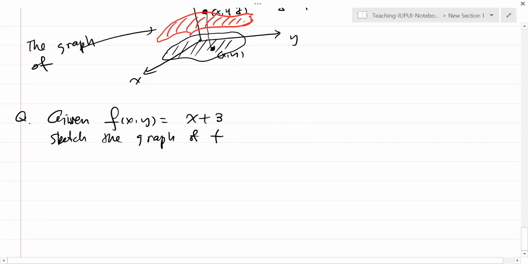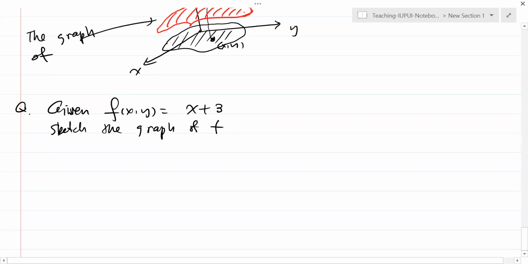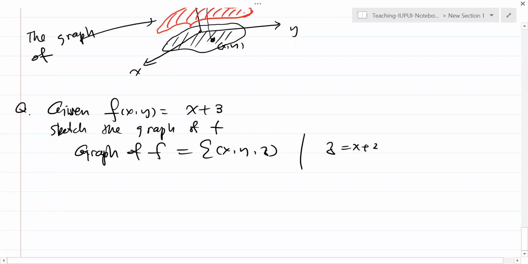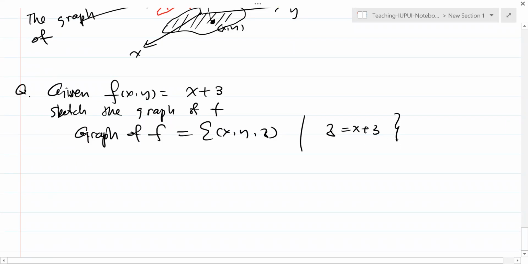Now this becomes challenging because not everybody is familiar with 3D pictures and how to draw them. The graph of f consists of those points where there is no restriction on x and y, where z is x plus 3.